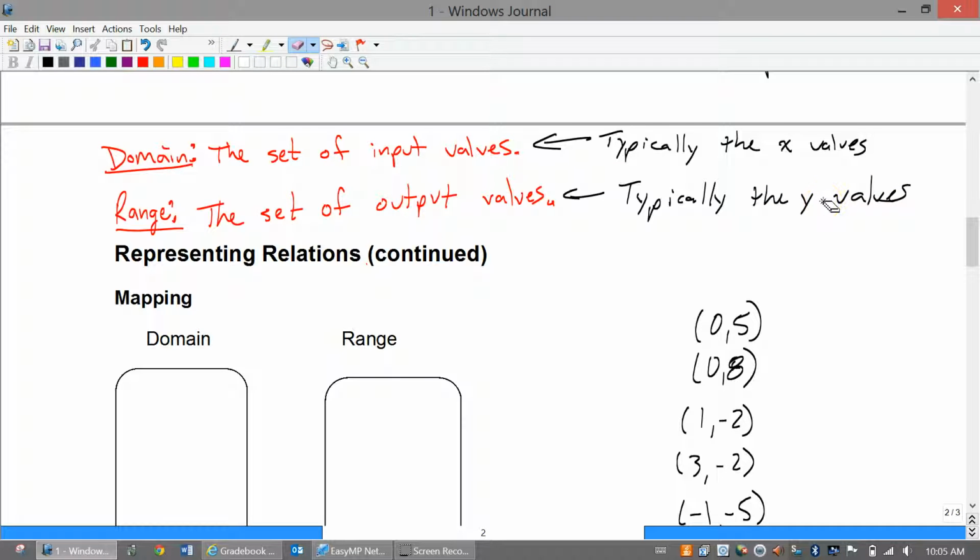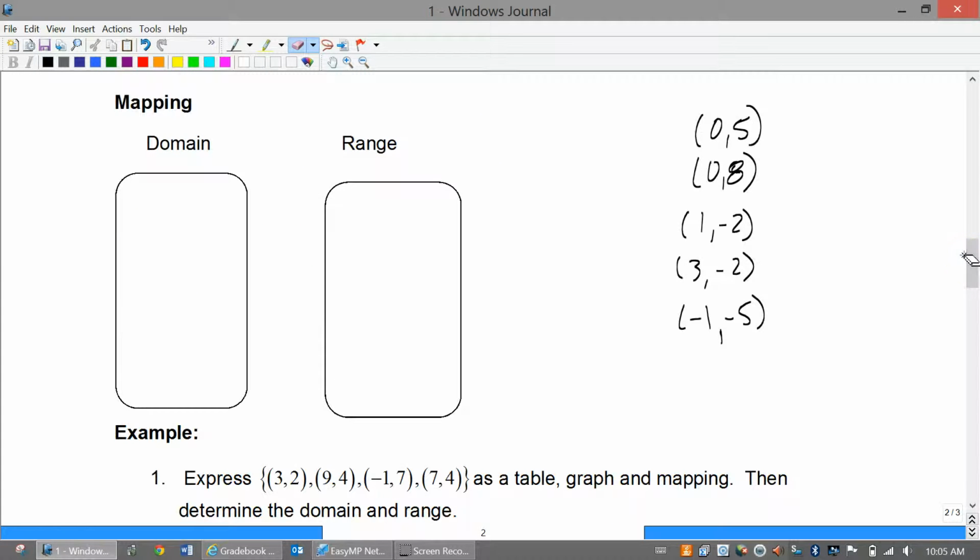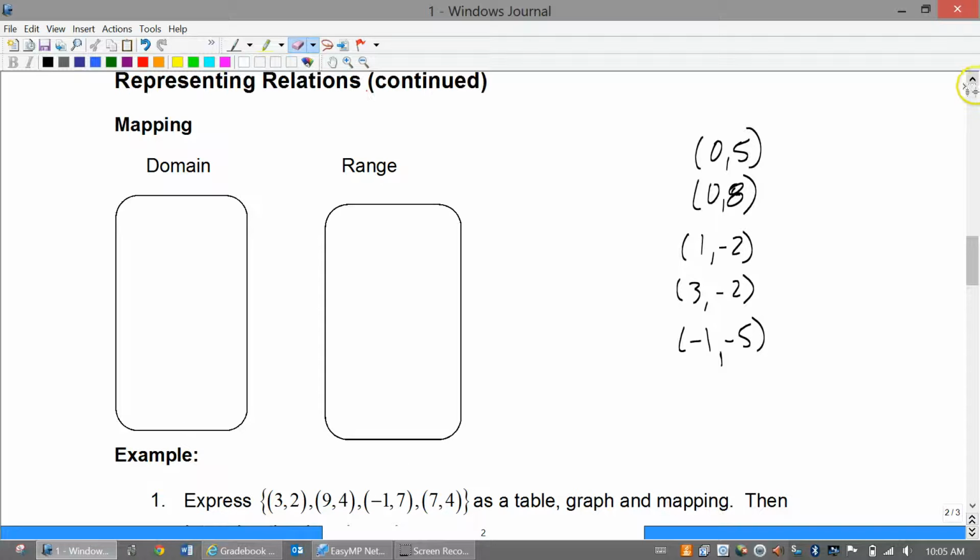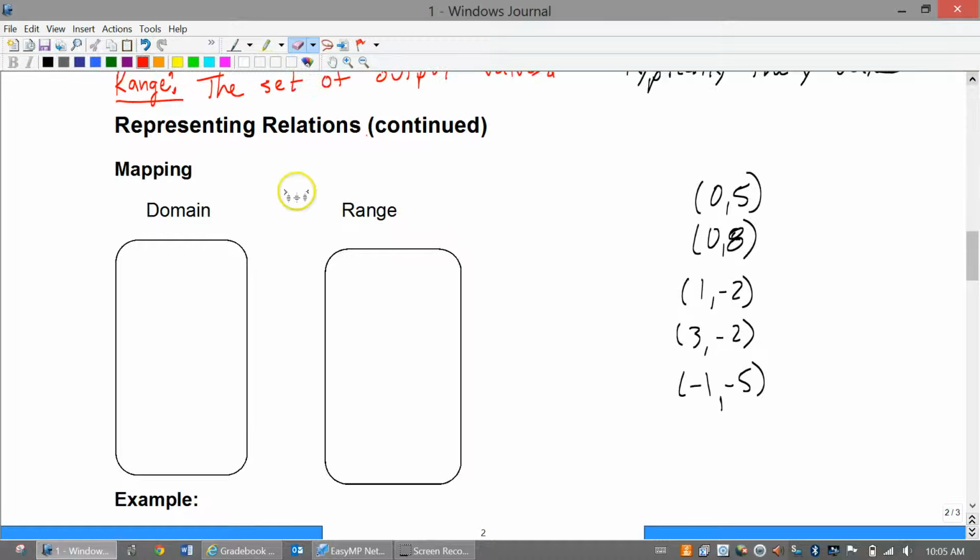It's a listing of all the X values. It's a listing of all the Y values. Okay. We're going to represent the same exact thing in what we call mapping. Some pointers on this, typical convention.